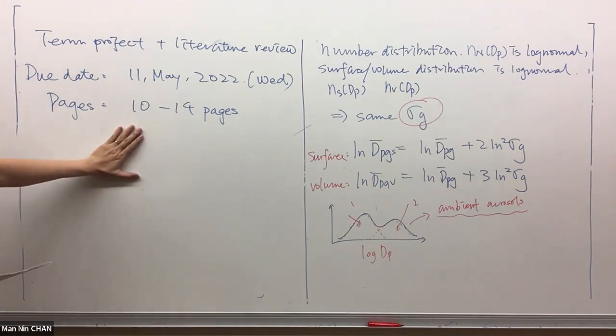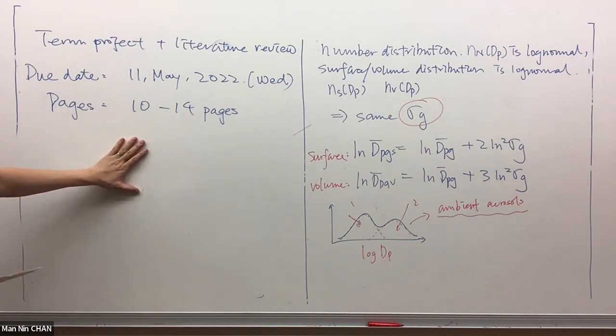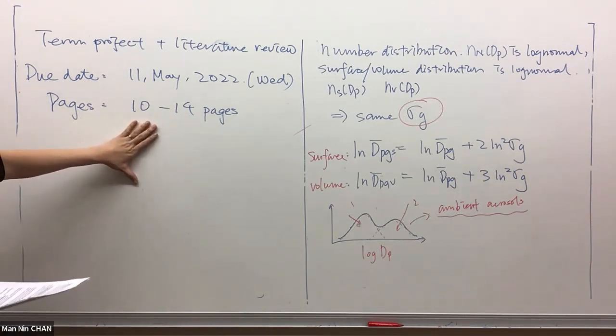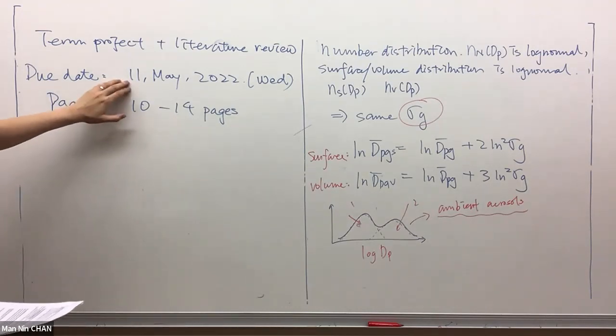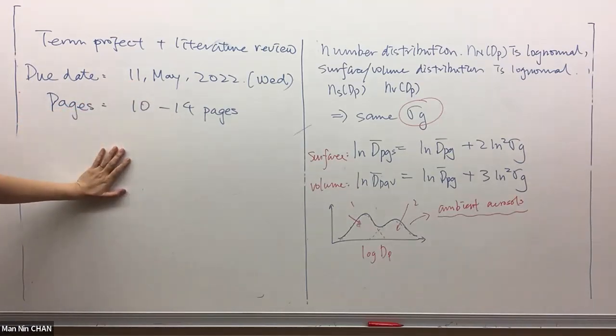That will include some essential figures, but exclude the references. So 10 to 14 pages for your term project and literature review, and the deadline will be the 11th of May, a Wednesday. Are you okay with this for the class?